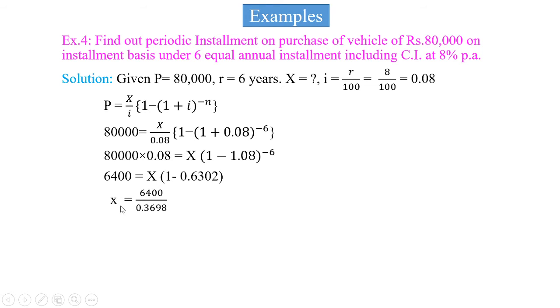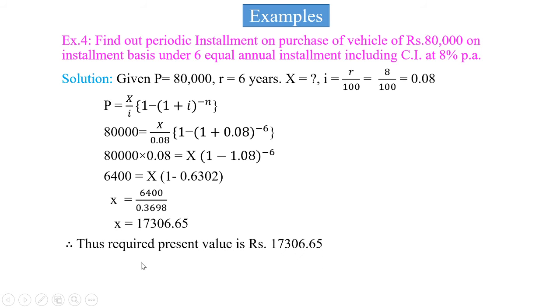After solving this, X = 6,400 multiplied by 0.3698. 1 - 0.6302 is equal to 0.3698. Therefore, X = 17,306.65. The required installment is rupees 17,306.65.